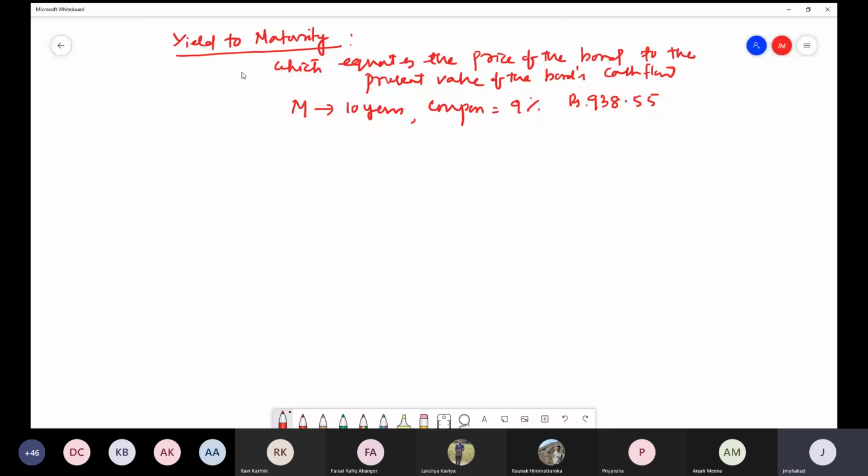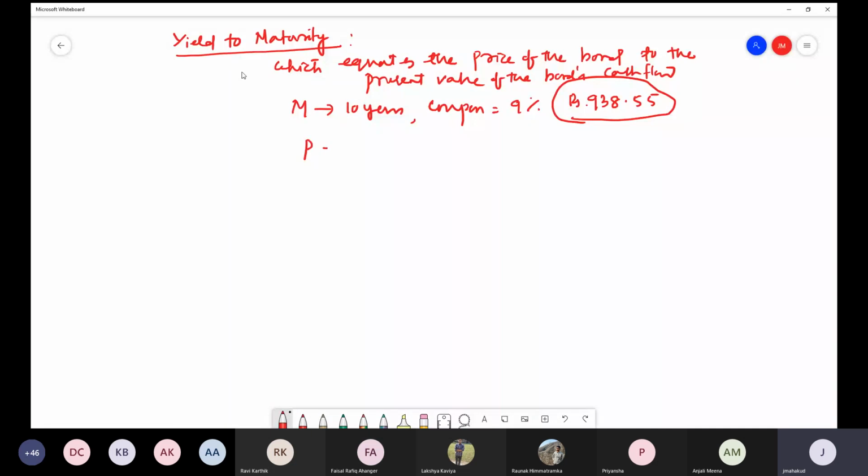So from this, it is just reverse. Instead of calculating the price, let the price be already available in the market. So if you want to calculate the yield from that particular bond, then what basically do we do? We know our price calculation.